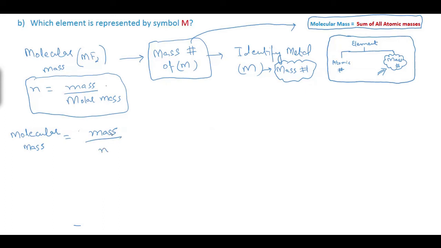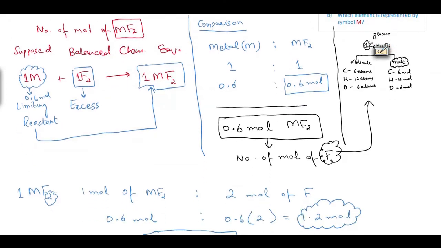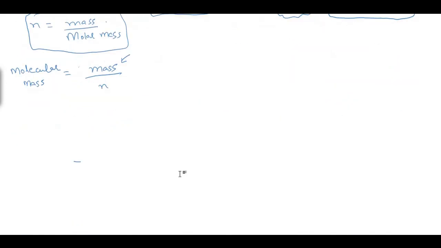And why are we doing that? Because we were given the mass of the substance MF2. It said that we're having 4.68 grams of MF2. So I'm going to use this 4.68 grams of MF2 in this formula.